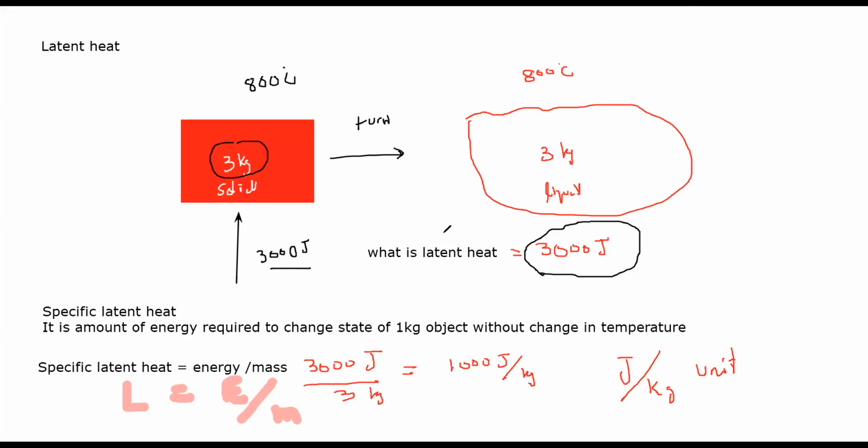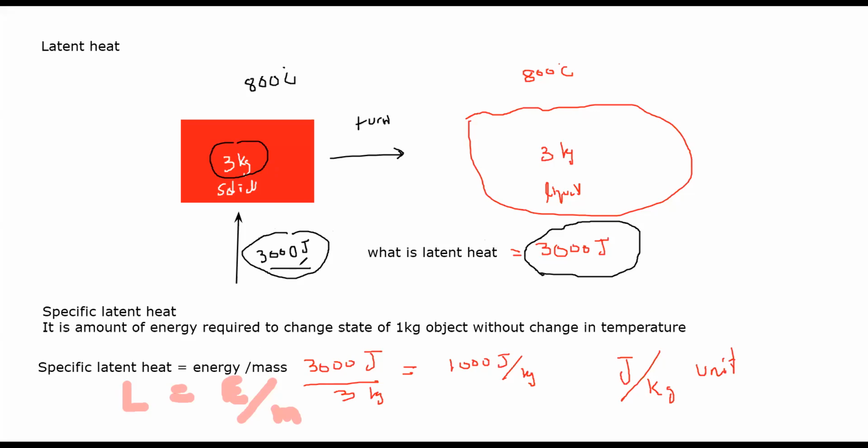So as you know, the energy which you supplied is 3000, and it is changing the state of a 3 kilogram object. But you need the specific latent heat, which means the energy required to change the state of each kilogram, or 1 kilogram object.